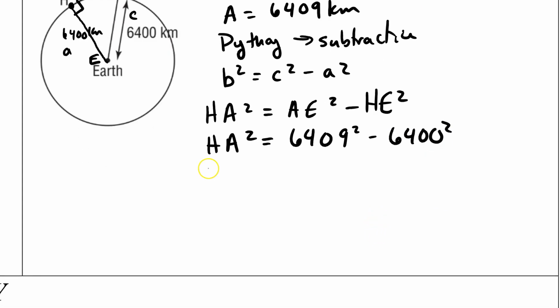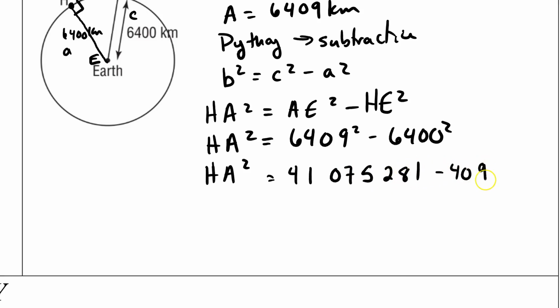Now I'm going to write down the numbers, and they're kind of big. So that's going to be 41,075,281 minus 40,960,000. So when I do that subtraction, HA squared is going to be 115,281.